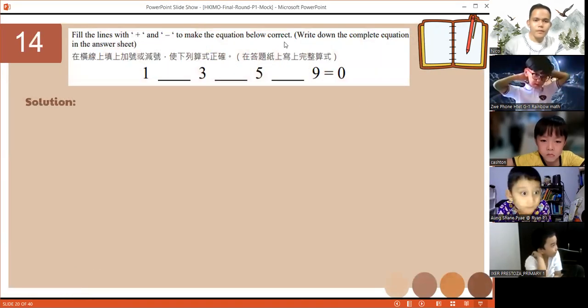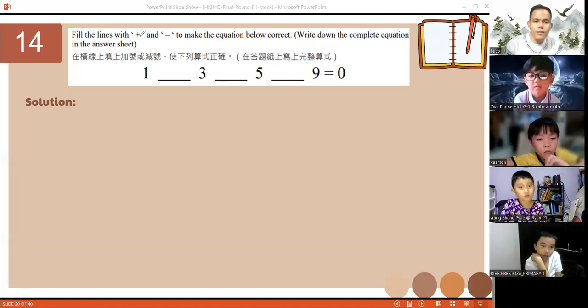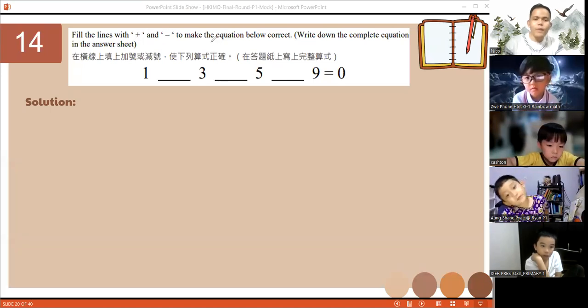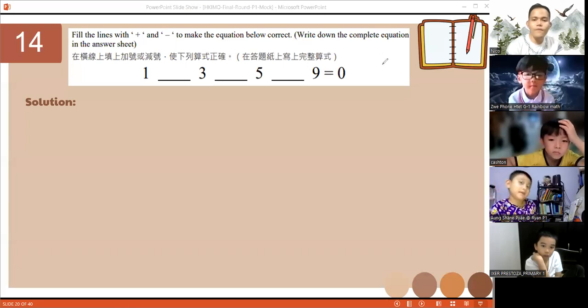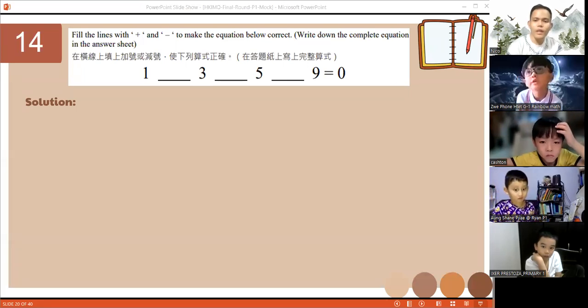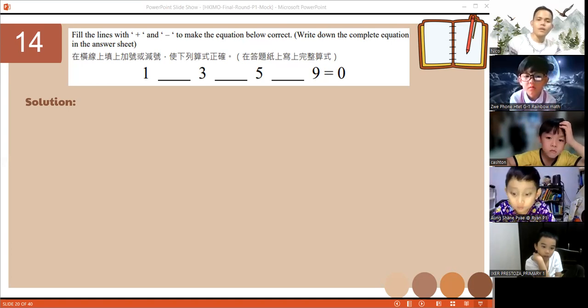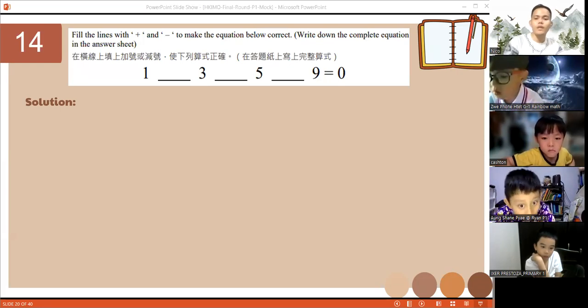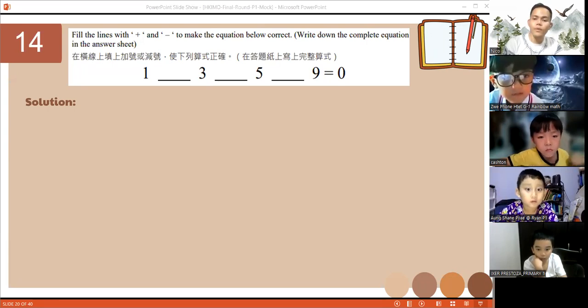Fill the lines with plus and minus to make the equation below correct. So if you notice, you must always follow the condition. The condition here is that you just need to add plus or minus. If you don't follow the conditions, like you include division or multiplication, then that would be wrong.